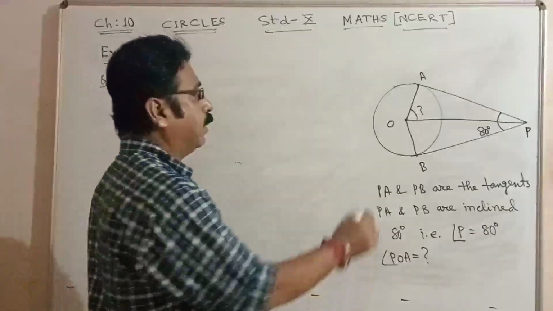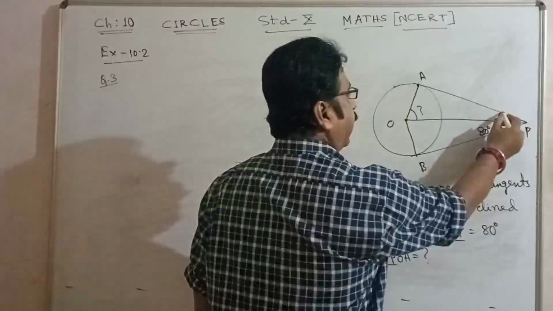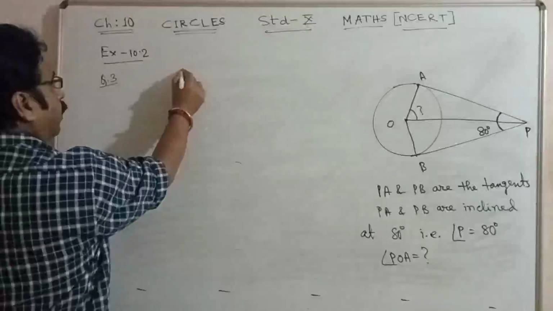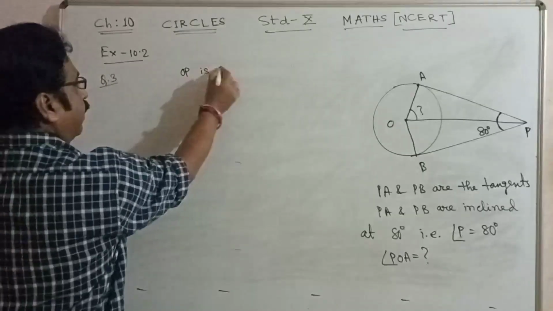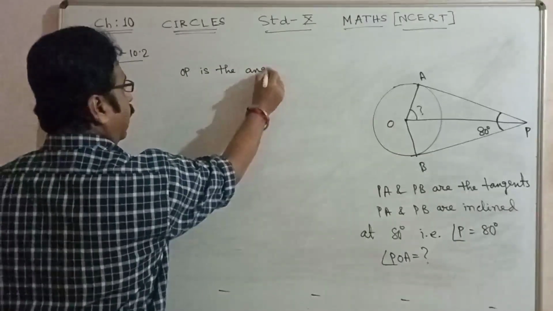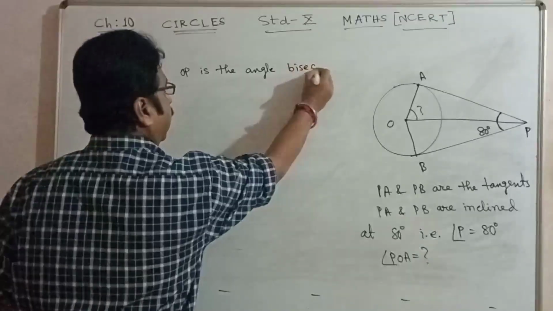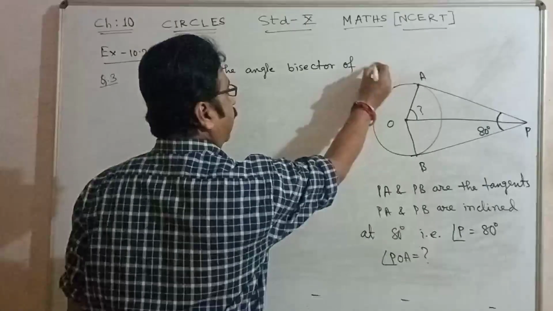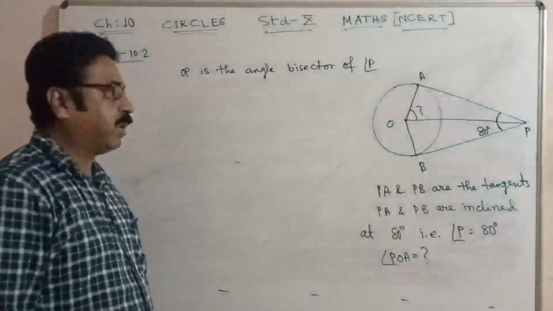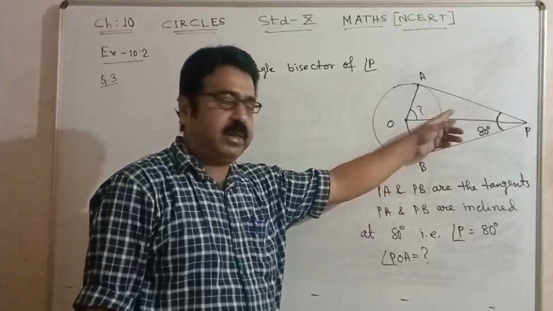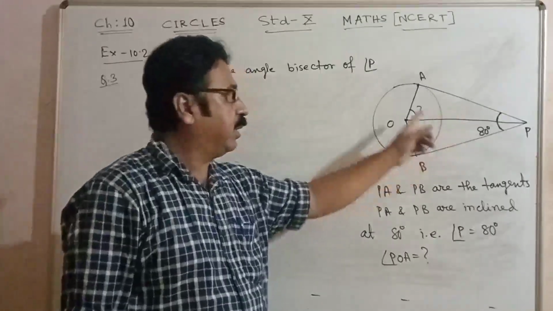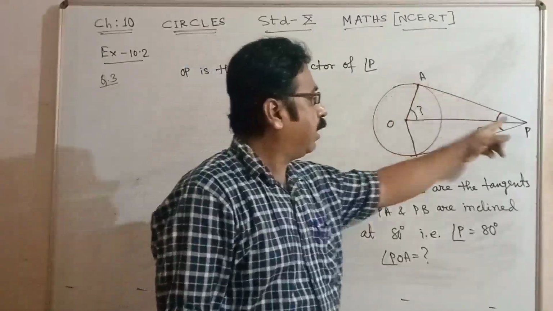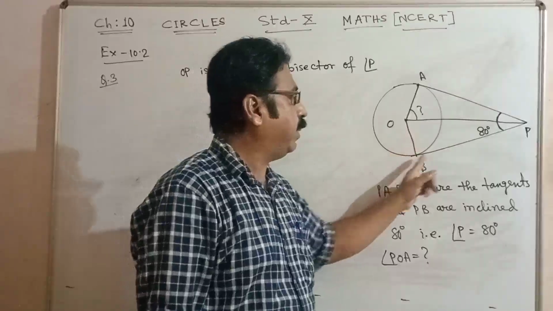We know OP is the angle bisector of the angle P. This we got from theorem 10.2. After proving the congruency of these two triangles, we got PA equals to PB by CPCT rule, and also we got angle APO equals to angle BPO.